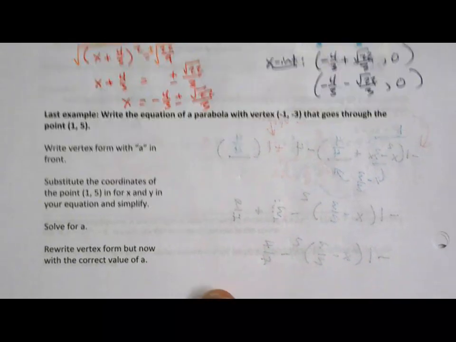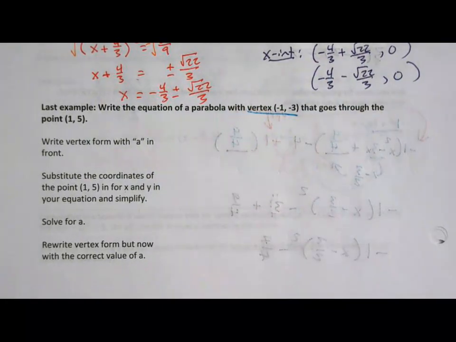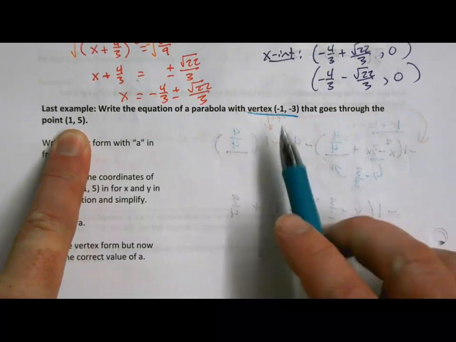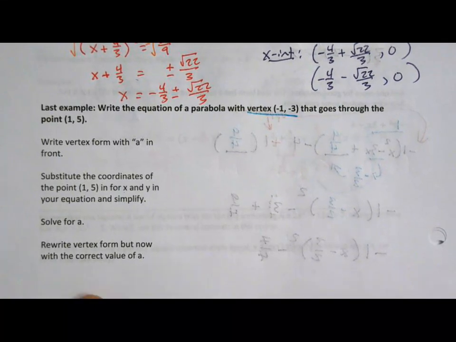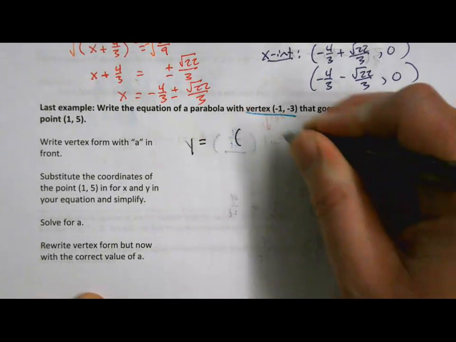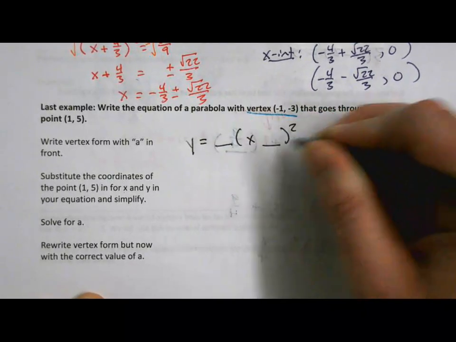What are they telling us? They're telling us the vertex is (-1, -3), and then they've also given us this extra point. That extra point is going to be useful to us in a minute, but let's focus on the vertex for right now, because if we have the vertex for a parabola, we know the general format can be pretty easily written in this form, our vertex form.